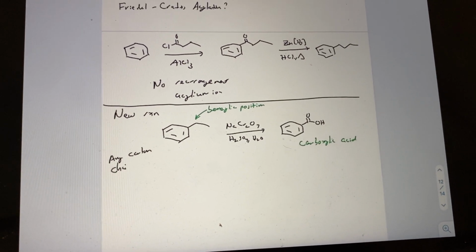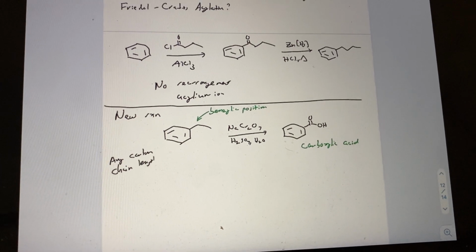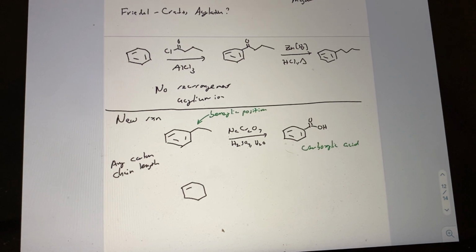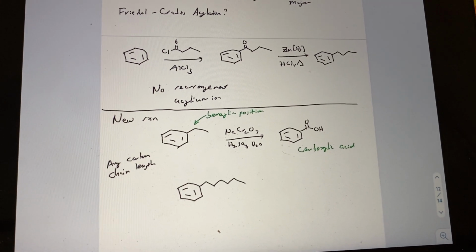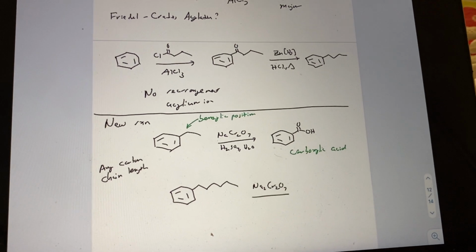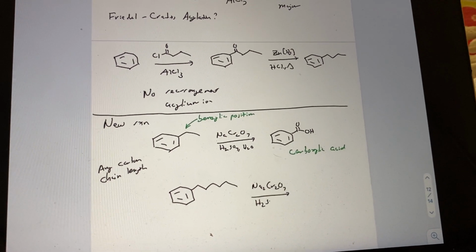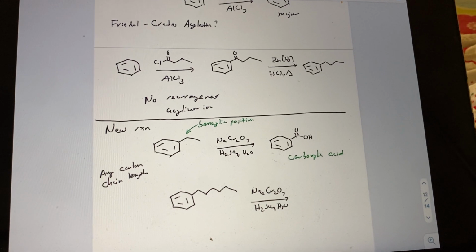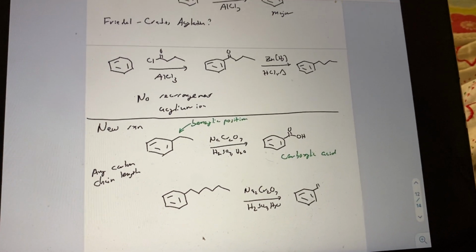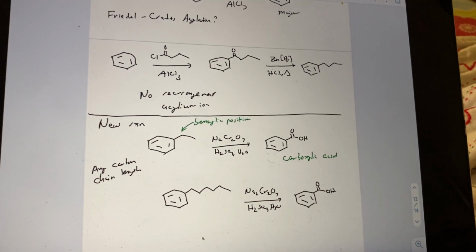So it seems a little unusual because we haven't really explained any sort of a mechanistic basis for it. So what I mean is that you could have something like this. You treat it with Na2Cr2O7, sulfuric acid and water. It could be one carbon, it could be 1,000 carbons. You still just end up with the carboxylic acid.